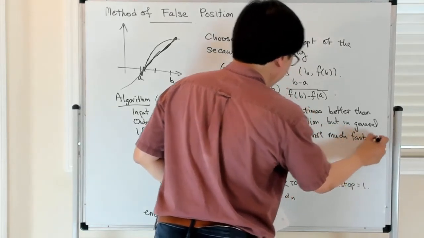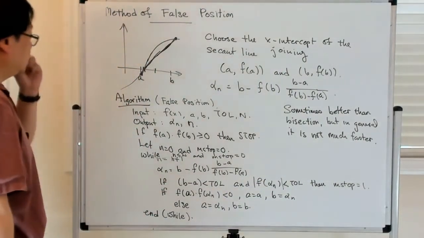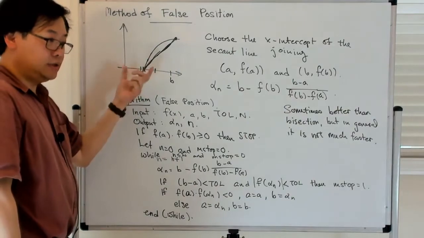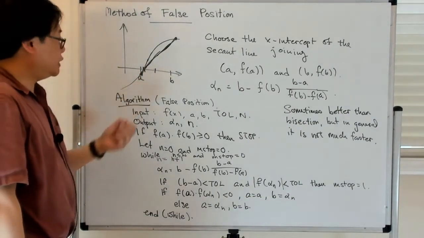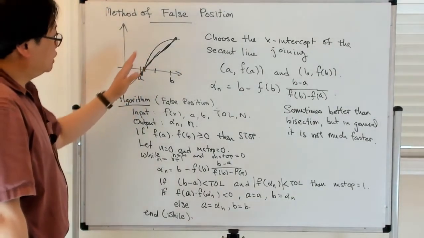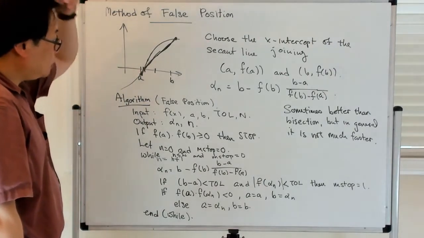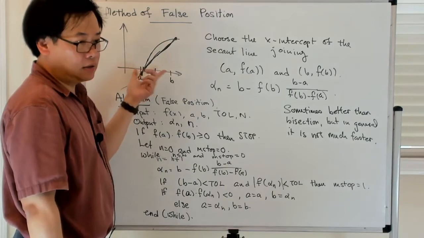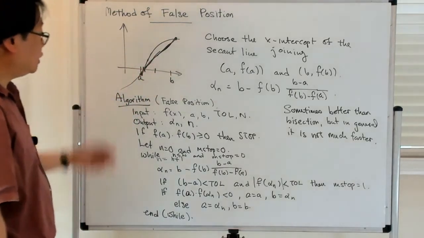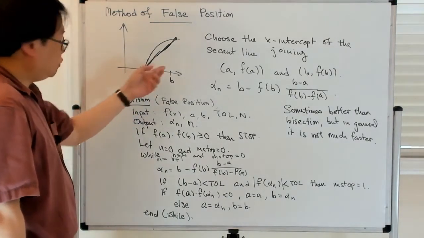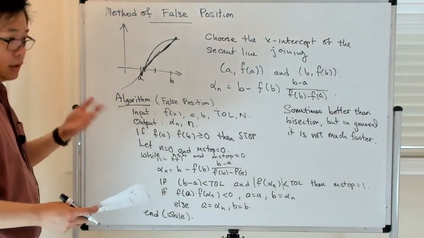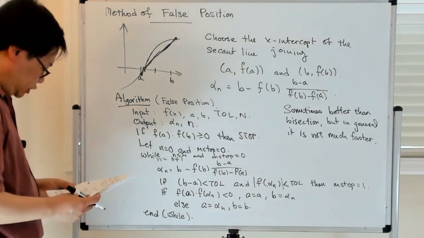In fact, it sometimes can be much slower because you're no longer guaranteed that the interval shrinks by a factor of 2 every time. Because the interval you have is unequal, and depending on the sign of the function, you'll pick one or the other, so it's not so obvious how the interval lengths change with each iteration.